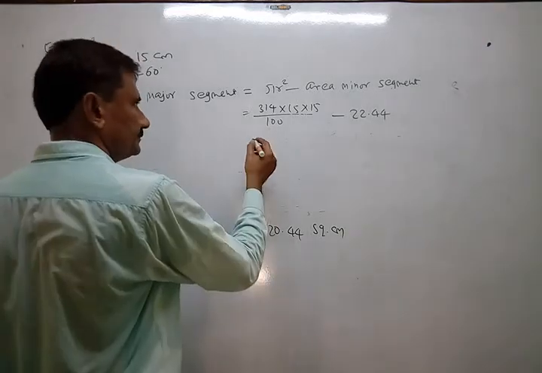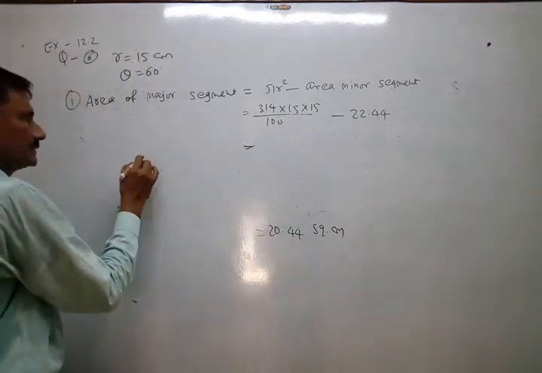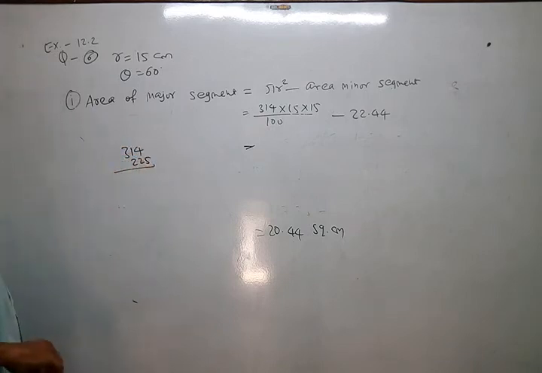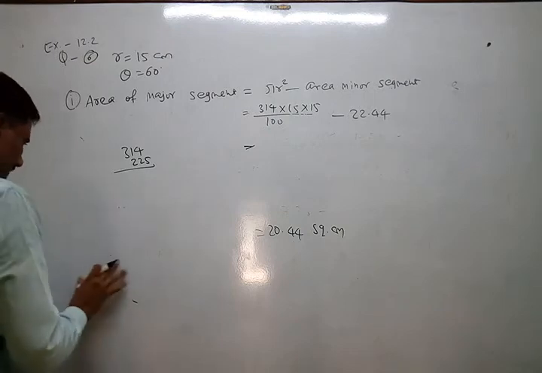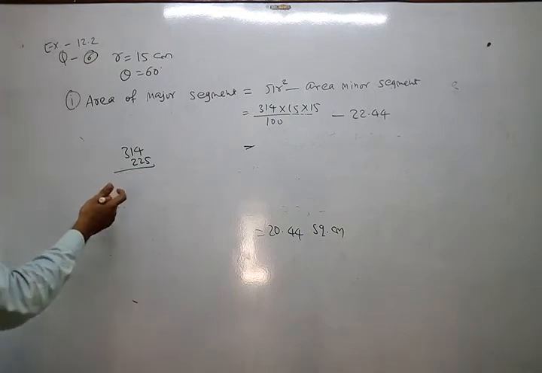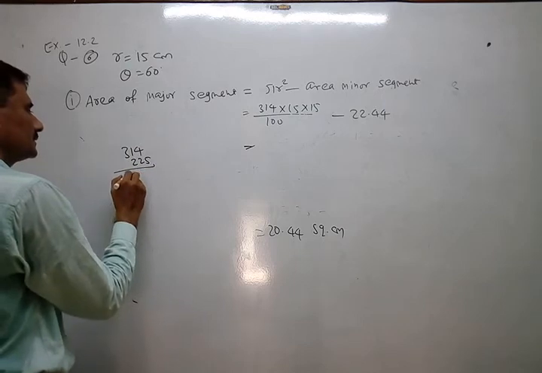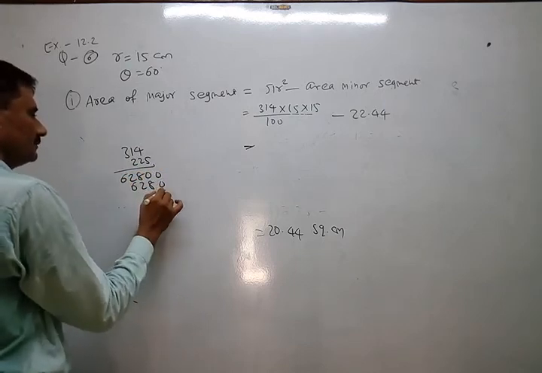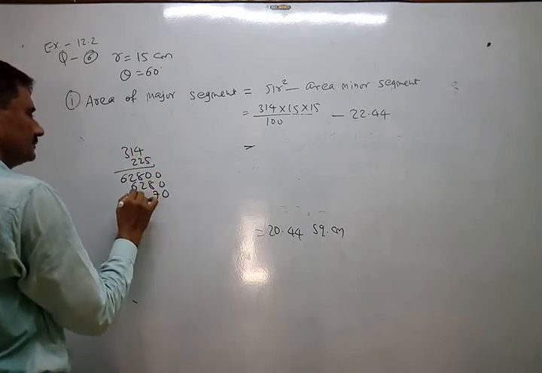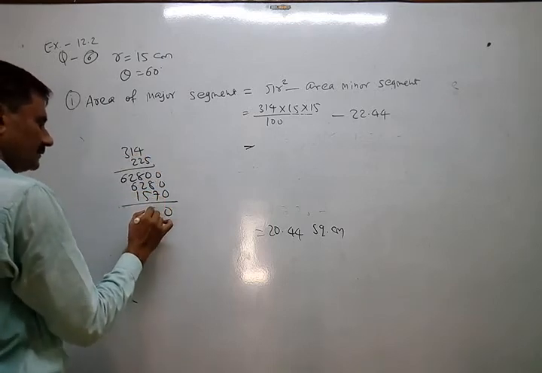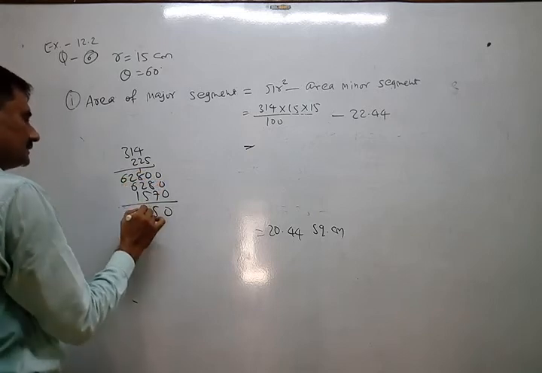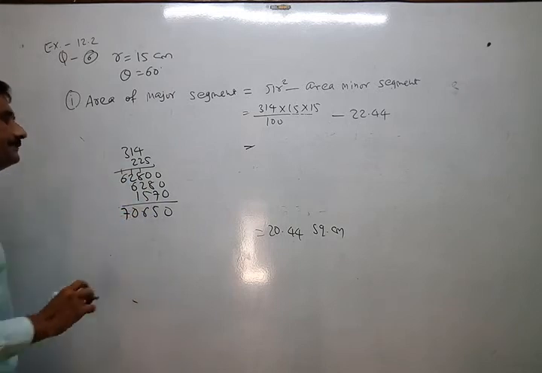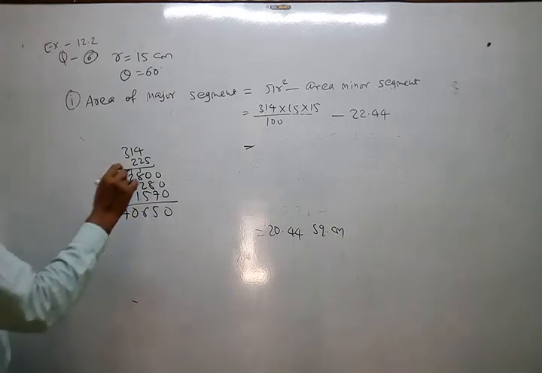Now just multiply it. So it is 225, 314, 225. Okay. I think we already found it, but again I am going through that. First of all, 62800, 5 15s are 75, 157. And divide by 100.